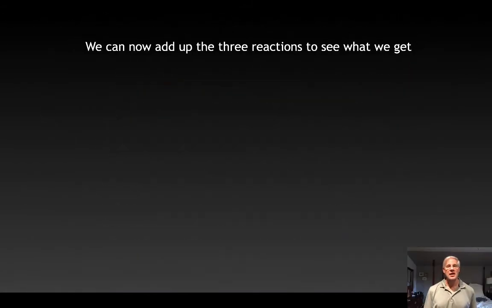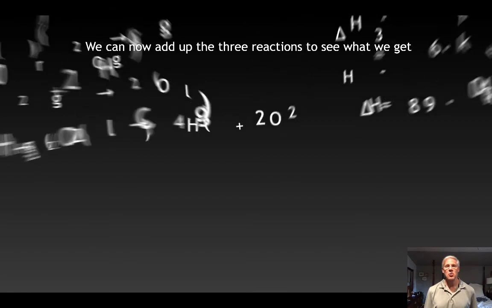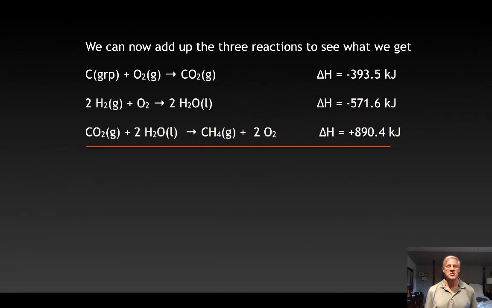Okay, now let's add up the 3 reactions and see what we get. Here are the 3 reactions with that third one flipped around from what it was. We can handle this much like simultaneous reactions in algebra. If we have anything that exists on both the left side of the arrow and the right side of the arrow, we can cancel it out.